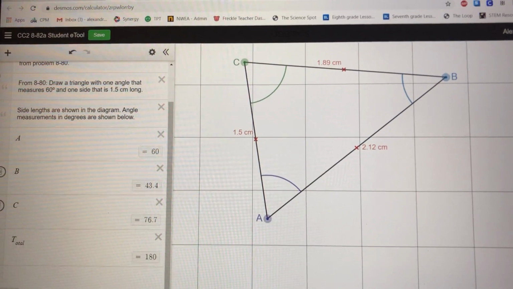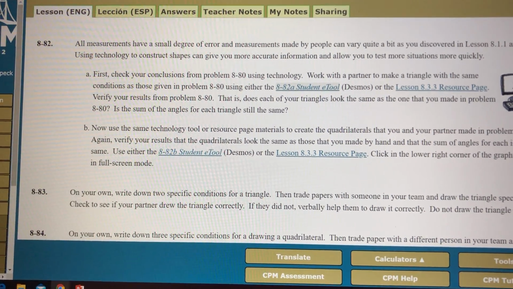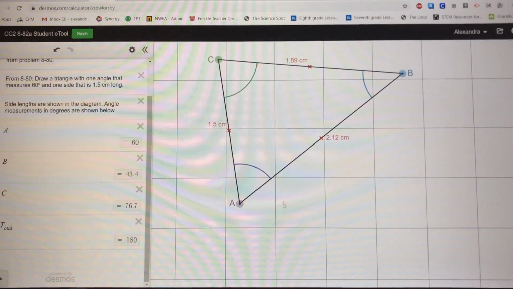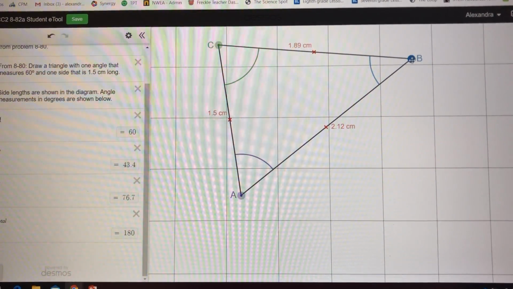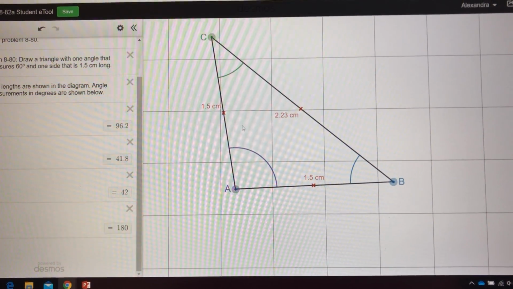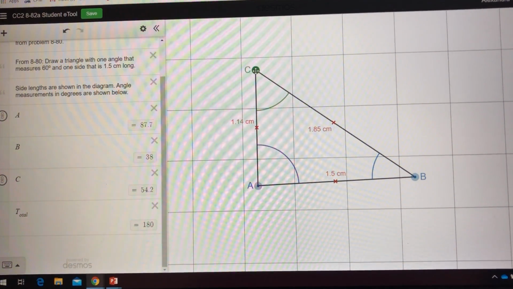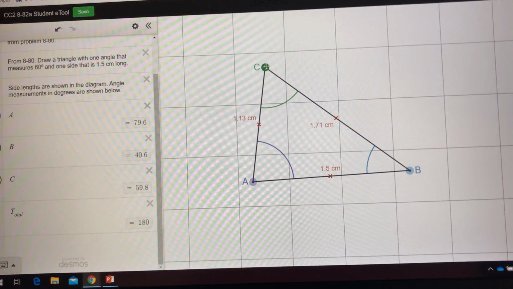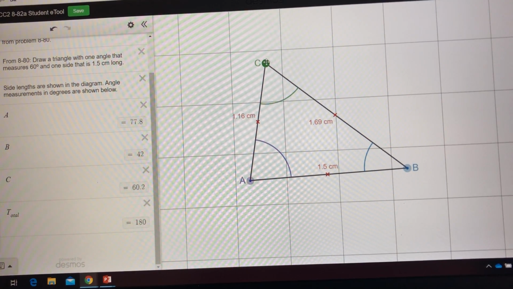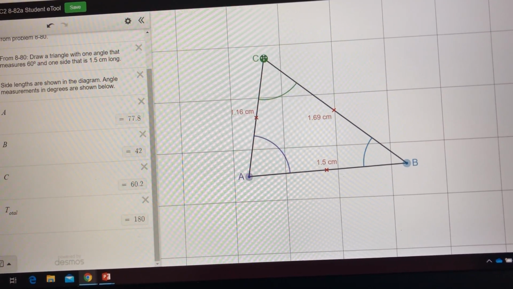And it says to keep testing triangles with your teammates, but we just don't have access to that. So if you wanted to play around with this and try to make more triangles with a 1.5 centimeter side and a 60 degree angle and see if it looks different, you can. Look, I just made a triangle that looks different from that last one. Right there, I'm just going to leave it there.